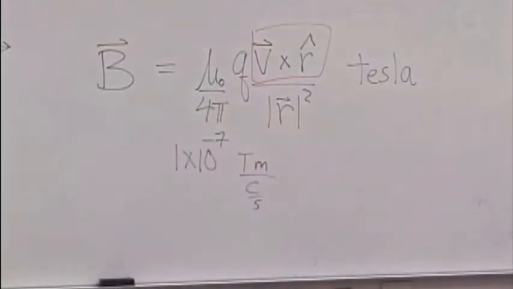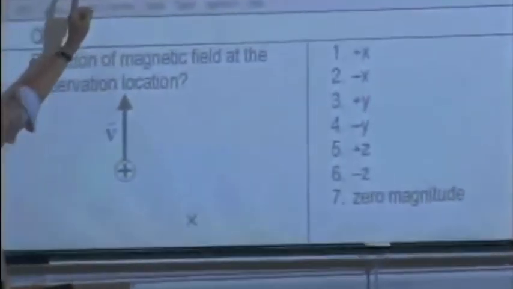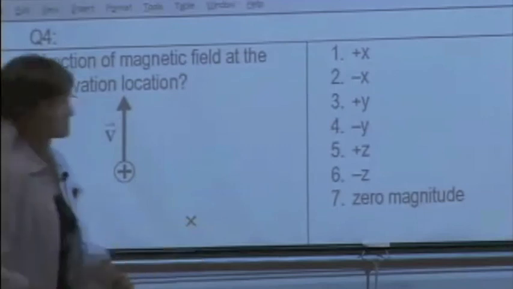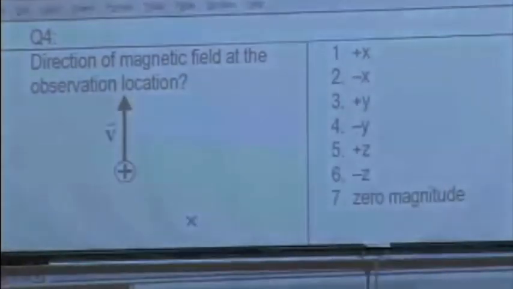So, real quick, one question. Positive charge moving in the plus y direction. Observation location here, somewhere in the XY plane. What's the direction of the magnetic field at the observation location?